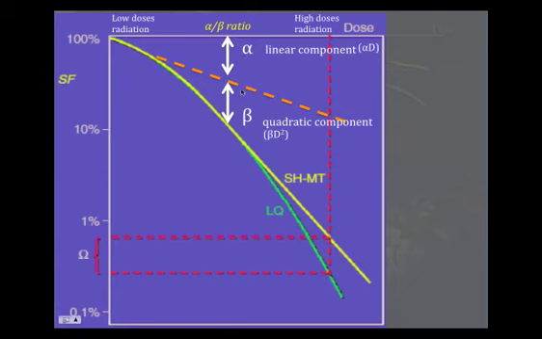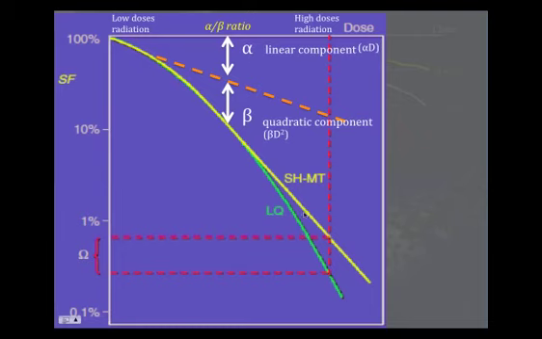The alpha is the representation of the linear portion of the curve in the linear quadratic model, and the beta represents the quadratic component of the formula. So you have a straight line followed by a quadratic component. It's a downward bending curve as higher doses of radiation are delivered to the cell culture.